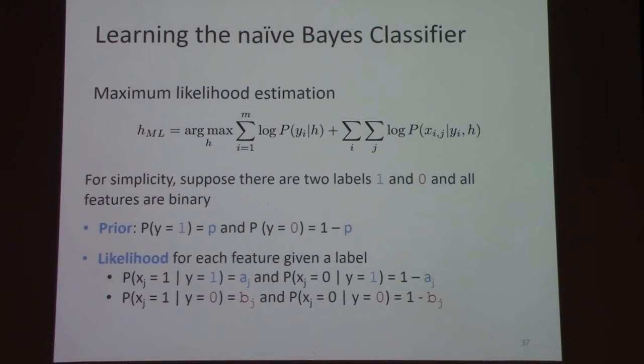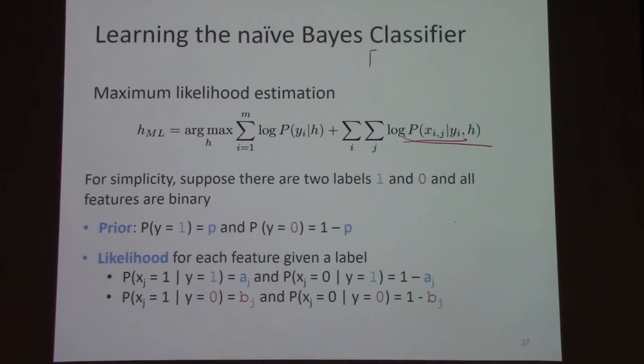The likelihood is somewhat more complex. Let's say that again all our features are also Boolean, which means all our features are also zeros and ones. We need to consider two cases. Remember, the likelihood is this term here, the class conditional feature likelihood.